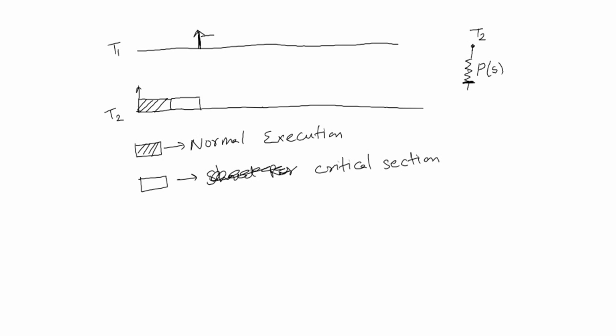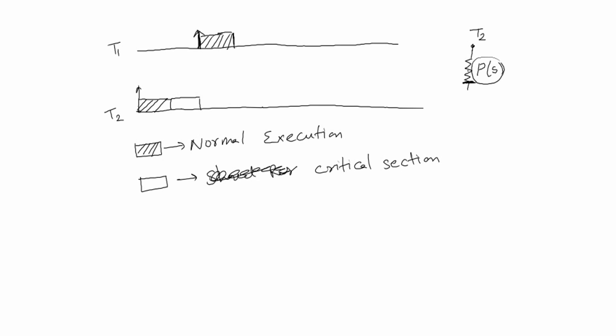T1 starts executing first. It is normal execution, and right now it does not want any critical section. So at this point we call it PS. Now T2 has to wait, it cannot access the CPU, and it is in the critical section. Now T1 has started executing.